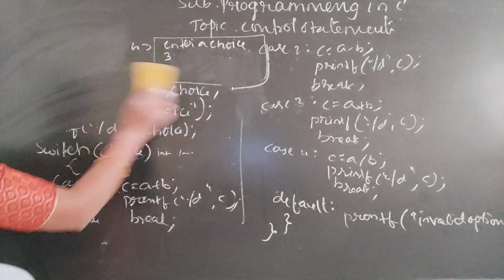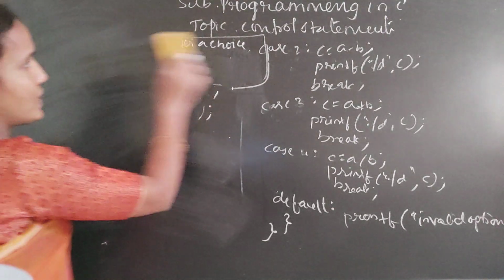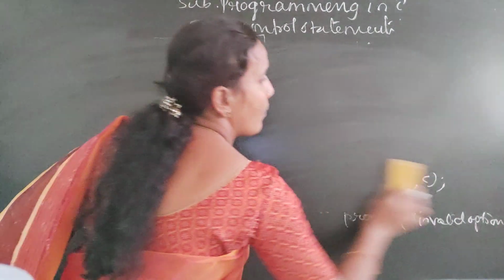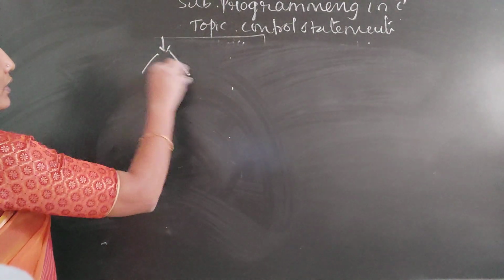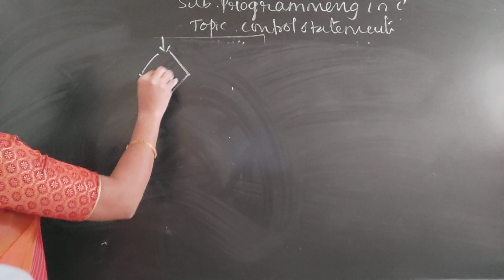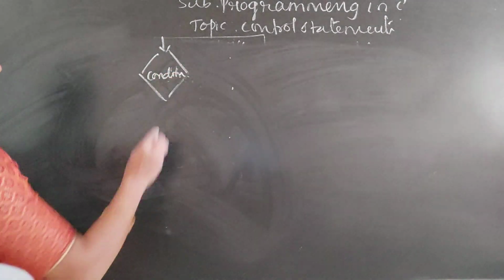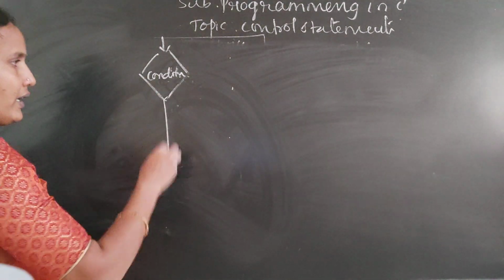For this, I have not given a flow chart. Now we will go to the flow chart. Condition or expression, both are same. So whatever expression result is there is compared with case values.